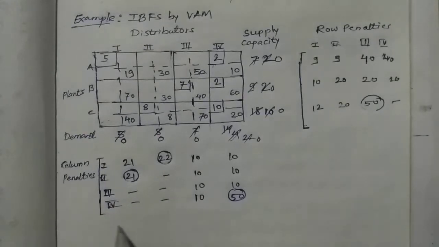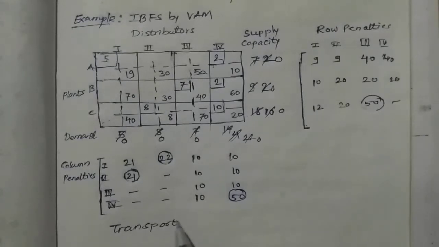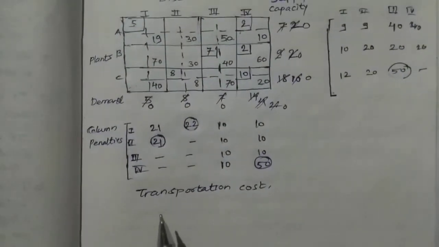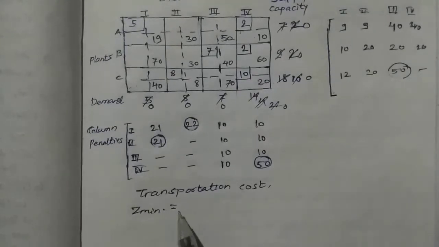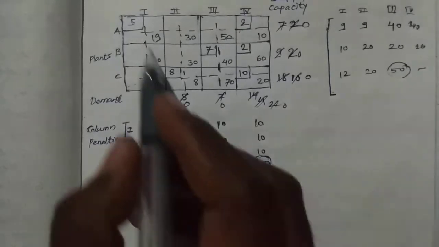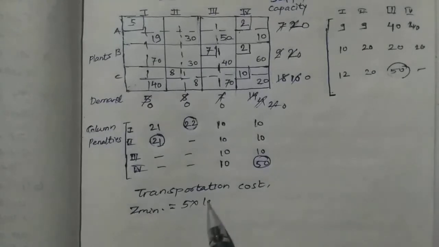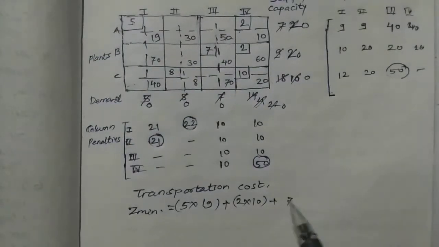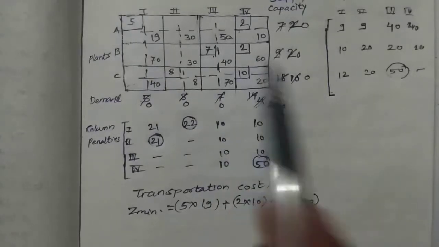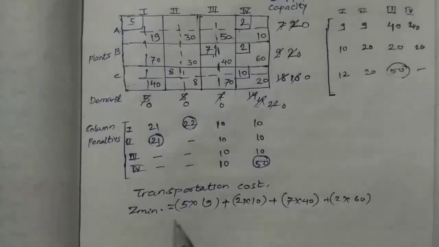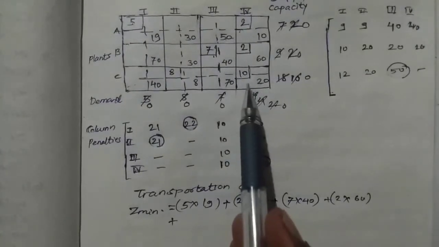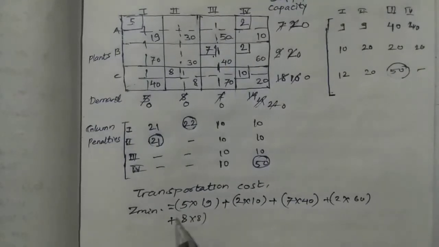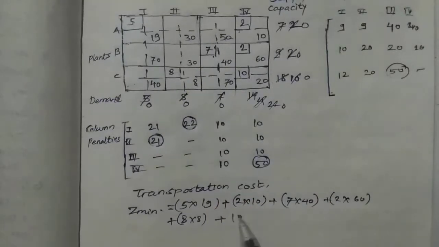Then calculate transportation cost. Transportation cost Z minimum equal to 5 into 19 plus 2 into 10 plus 7 into 40 plus 2 into 60 plus 10 into 20, sorry, 8 into 8, and at last 10 into 20.